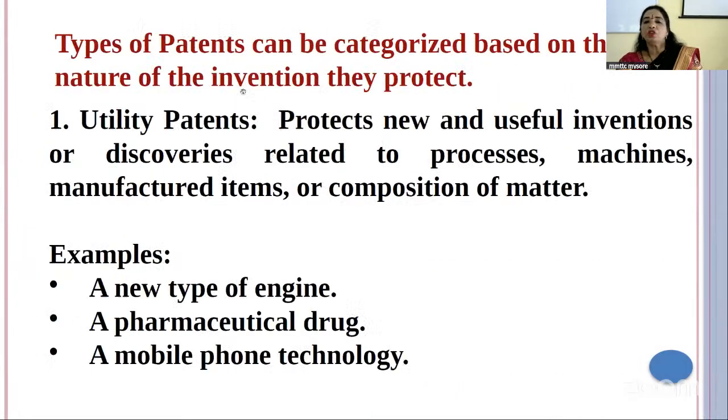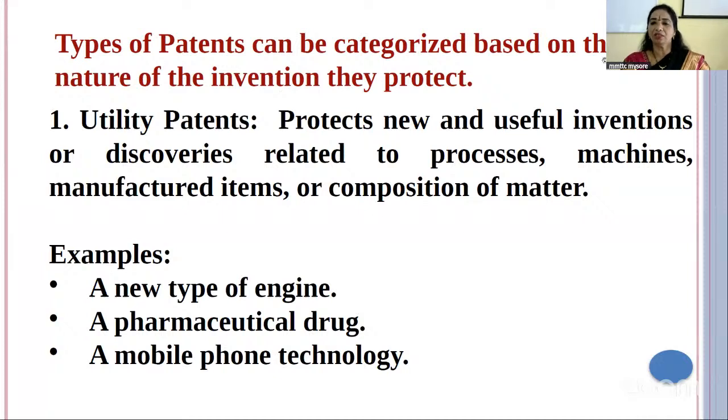Okay, so the types of patents can be categorized based on the nature of the invention they protect. The first one is utility patents. This is going to protect new and useful inventions or discoveries. For example, a new type of engine, a pharmaceutical drug, mobile phone technology. These come under utility patents. Next is design patents.